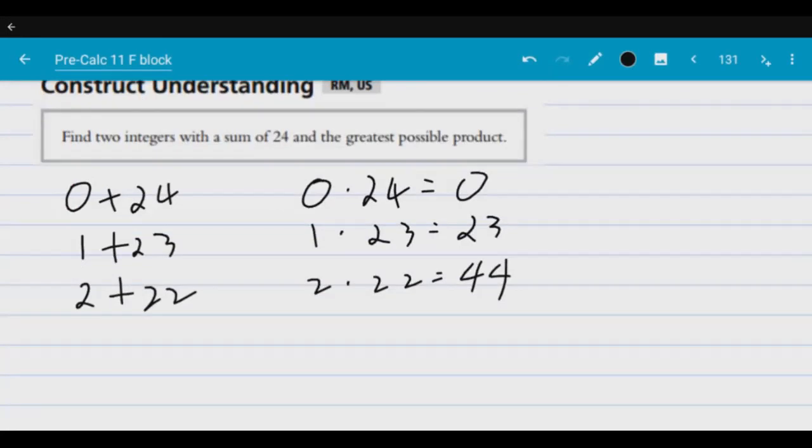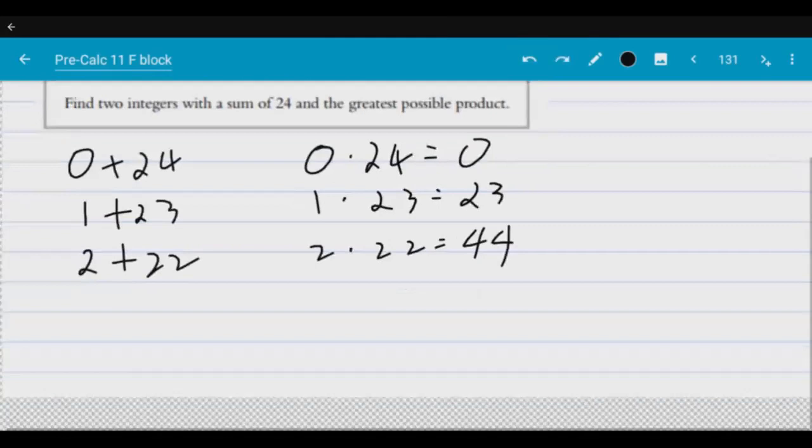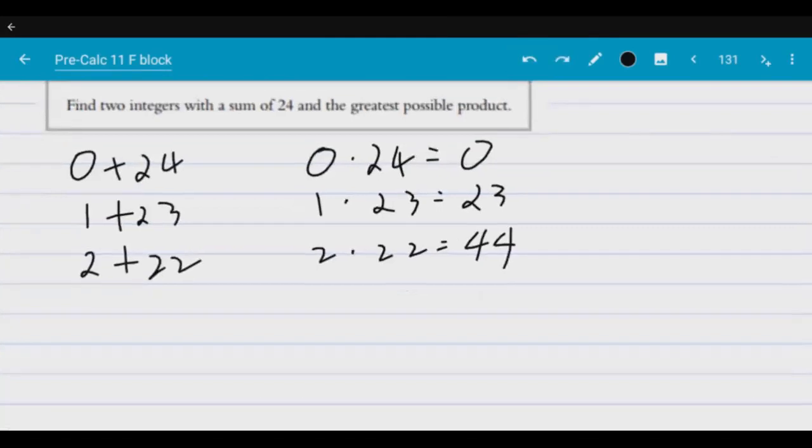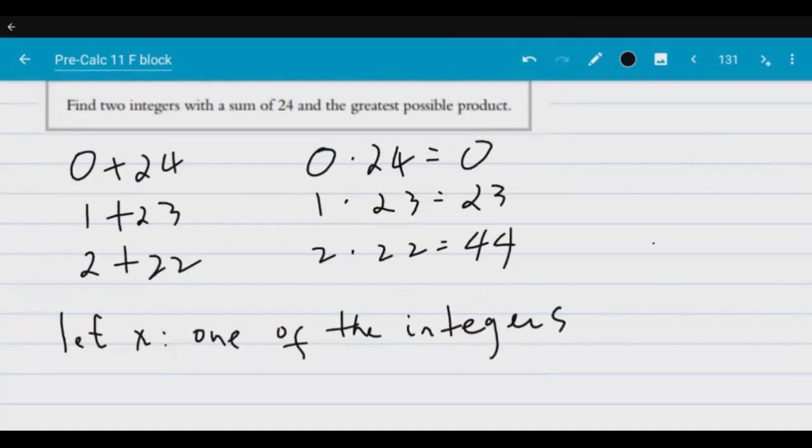All right, let's put it this way. What if we decide to do this using a variable? We're looking for two integers that have a sum of 24 and the greatest possible product. Let's say that x is one of the integers. If they have a sum of 24, what can you say about the other integer?